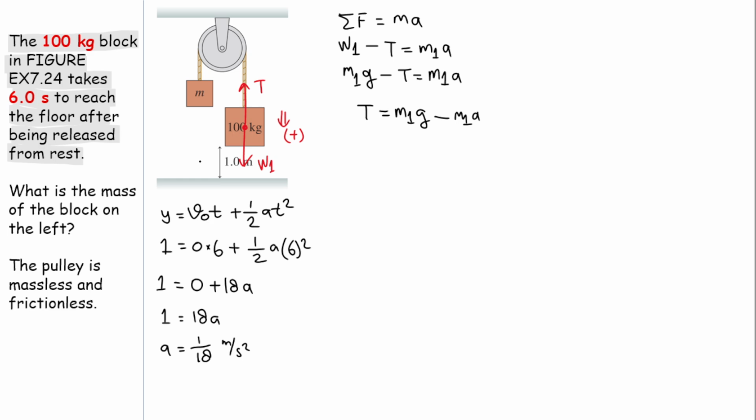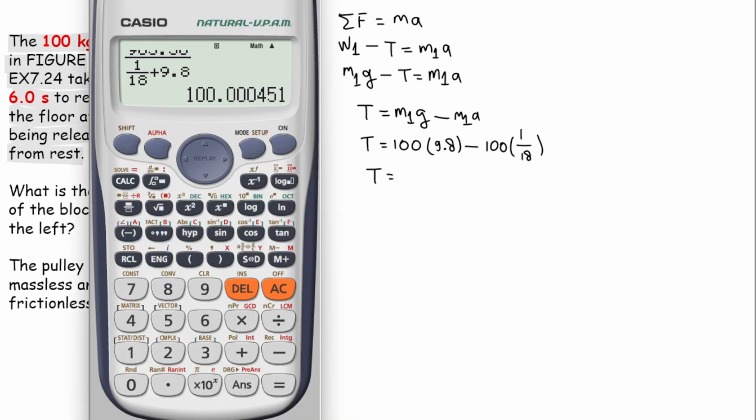Good, and I think we can plug in all the numerical values. So I'll have T is equal to 100 kilogram multiplied by g, which is 9.8, and then minus 100 multiplied by the acceleration, which is 1/18.